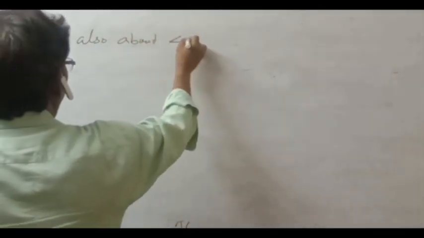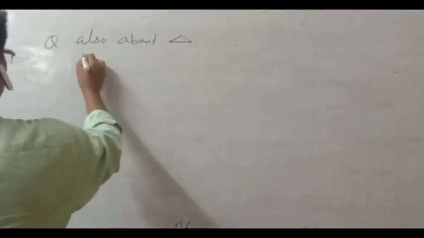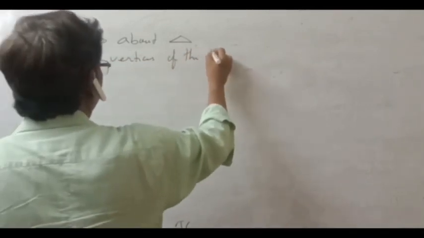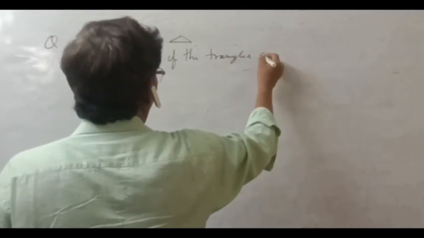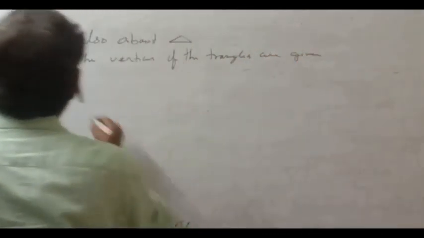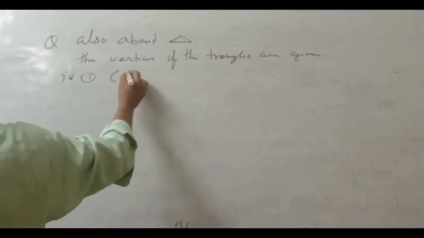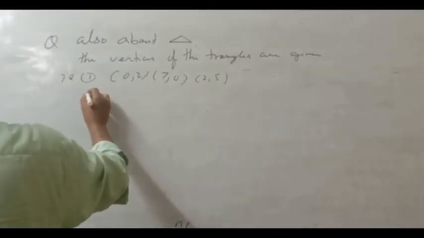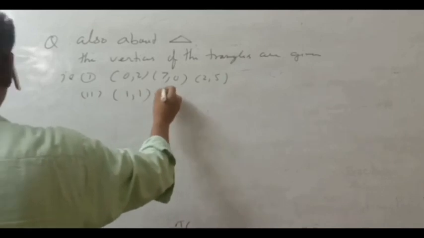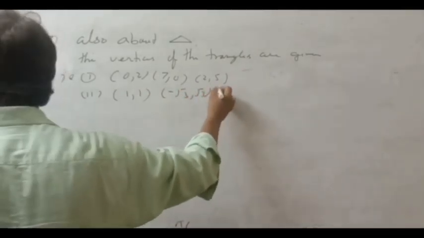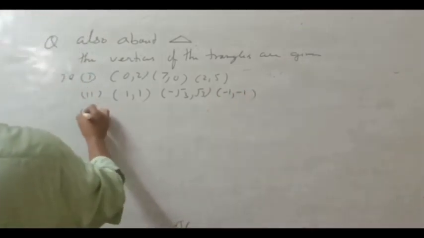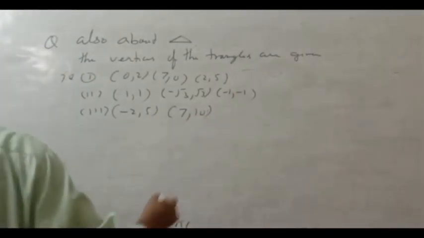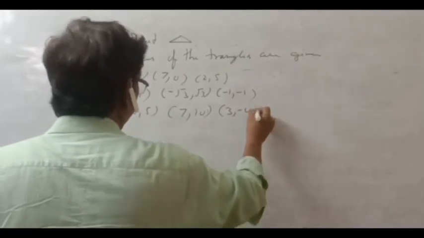Now about triangles. The vertices of the triangles are given: first 0 2, 7 0, 2 5; second 1 1, minus root 3 root 3, minus 1; third minus 2 5, 7 10, 3 minus 4.